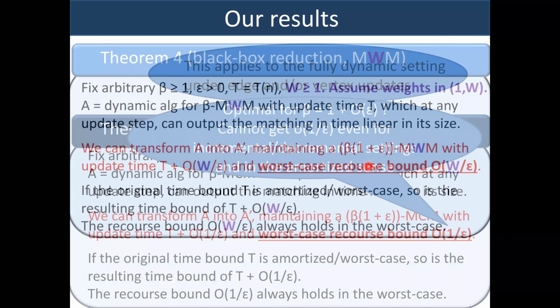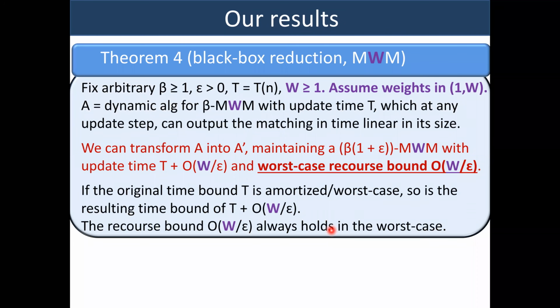And finally, we generalize this transformation to weighted matchings. Okay, so now let's use another arbitrary parameter W, and let's assume that the edge weights are always contained in this range between 1 and W, not necessarily integers, but they are in this range. And we can get a similar transformation.